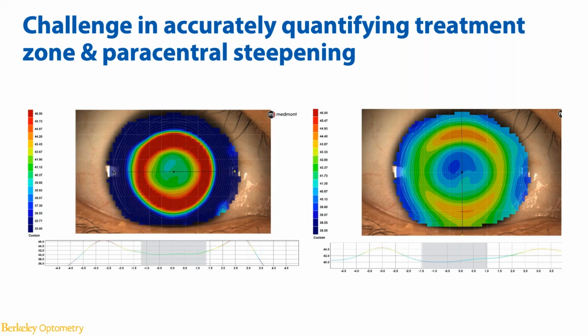So here I'm showing you the same eye and the topographical changes in 2 different displays. On the left side, I'm showing you the post-treatment map on the tangential display, and on the right side on an axial display. As you can see, both of them are showing in a custom color scale to maximize the changes.